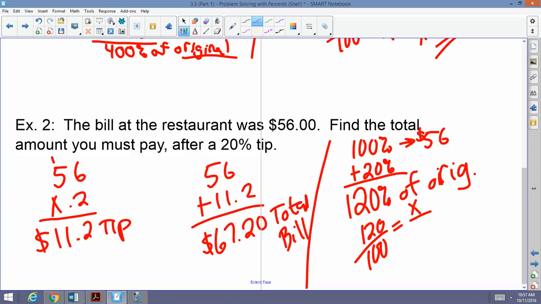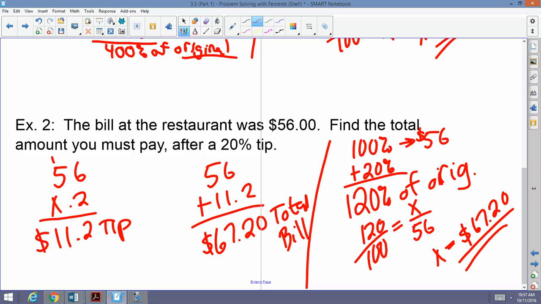And the of is $56. Cross multiply, and x will equal $67.20. If I wanted to find my tip, then I could subtract that from the original. But this is the way you do it, guys. Please talk to me.